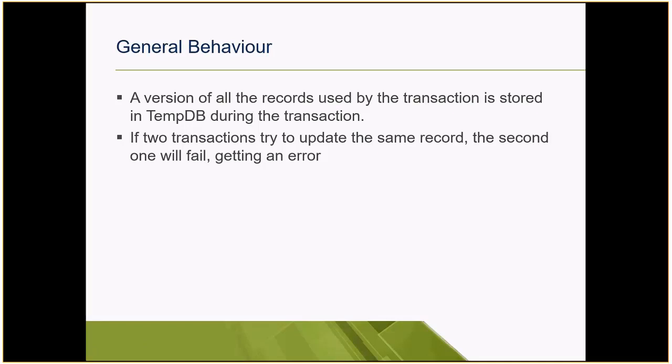So, optimistic concurrency is very good for scenarios where it's not usual to have concurrency on the same record. For scenarios where the business rules will avoid the concurrency on the same record. Two employees of the company will never try to update the same record because of the business rules.